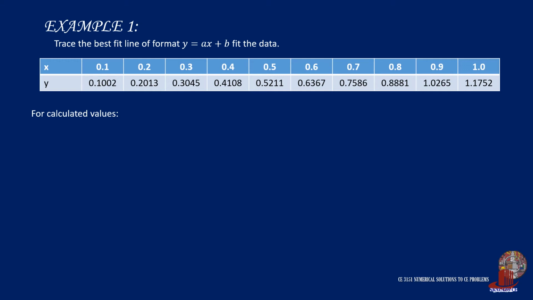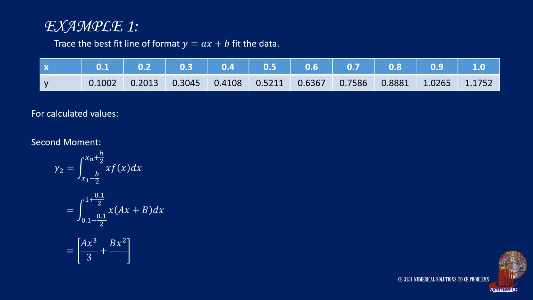The second moment is computed with a somewhat similar formula. For sigma 2, consider the integral of xy dx, or x multiplied by ax plus b dx. Integrate the equation as ax cubed all over 3 plus bx squared all over 2.